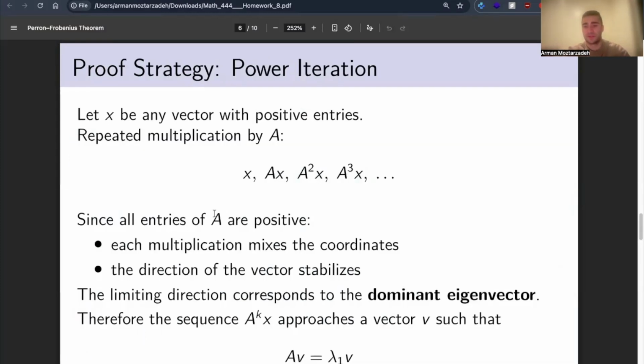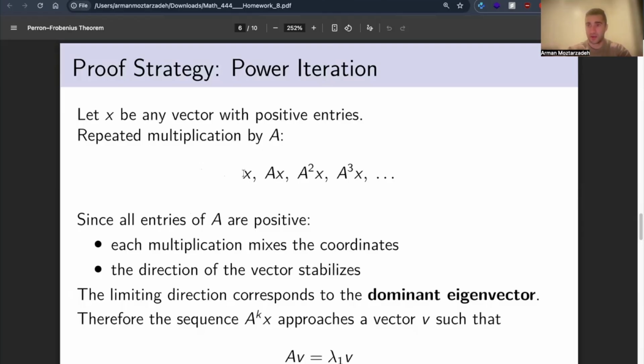Now I'll briefly explain the main idea behind the proof. Suppose we start with a vector x where all the entries are positive. Now we repeatedly multiply this vector by the matrix A, and this produces the sequence x, Ax, A^2 x, A^3 x, and so on, as mentioned here on the slide. Because every entry of A is positive, each multiplication spreads weight across all coordinates of the vector.